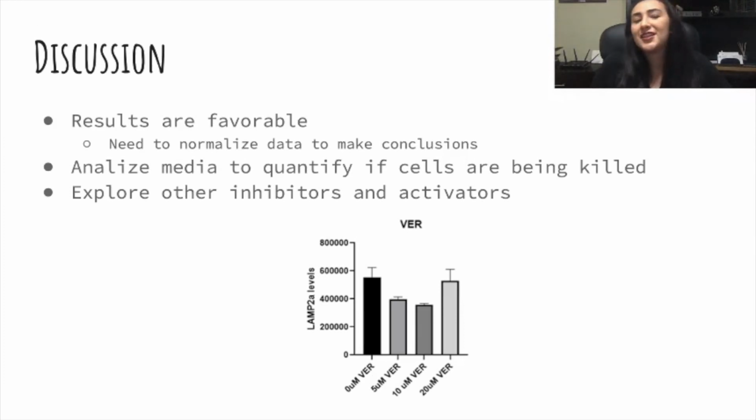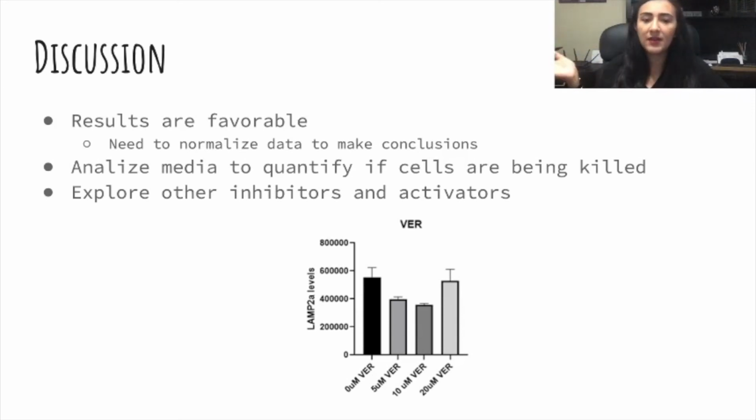So our results are favorable. They look very promising. Our inhibitor seems to be lowering the levels of the proteins, and our activators seem to be upregulating the levels of our proteins.